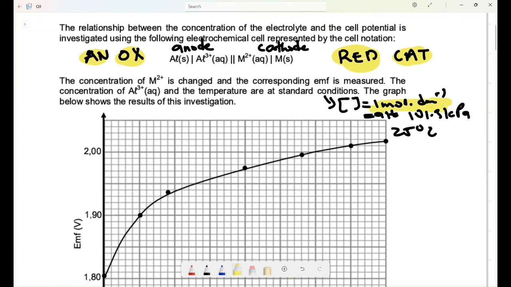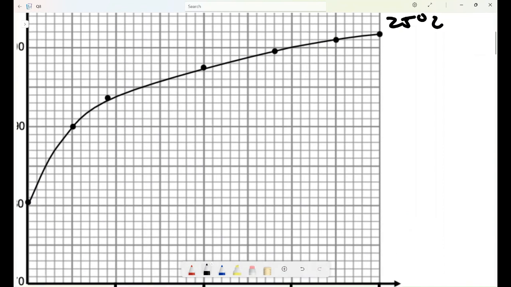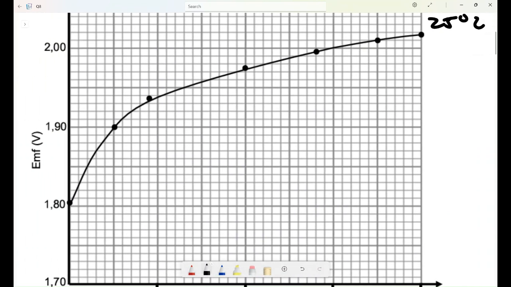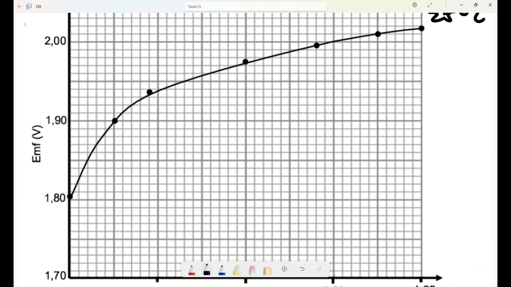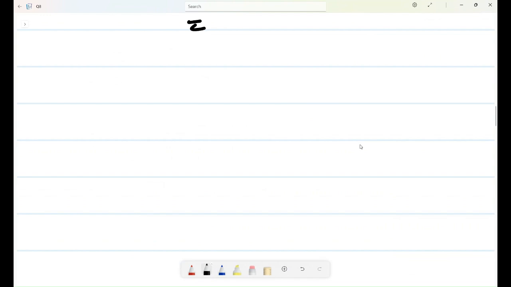So now, when our concentration is 1 mole, let's check what our voltage is. So here is our 1 mole. Can you see? So our voltage, E naught of the cell, is 2 volts.